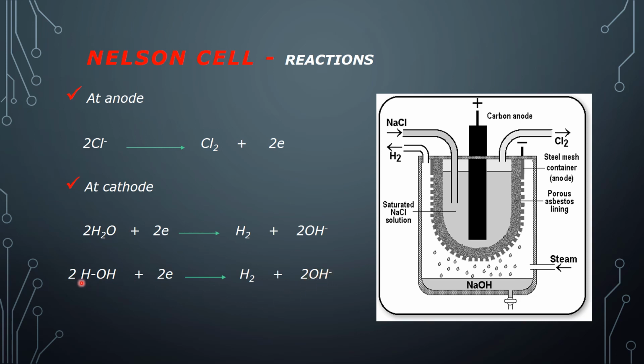The hydrogen, after giving its electrons to hydroxyl ions, becomes positively charged. The positively charged hydrogen gains electron and becomes hydrogen gas. This is how water molecules, after gaining two electrons, convert into hydrogen gas and hydroxyl ions.